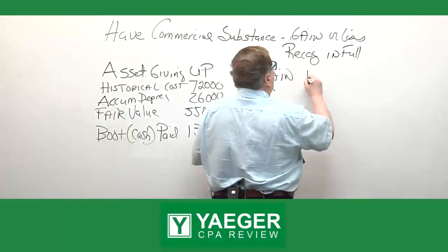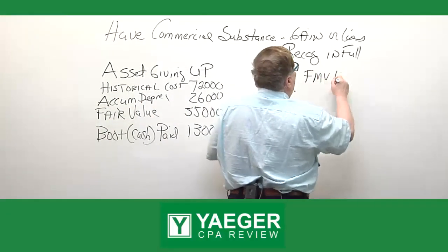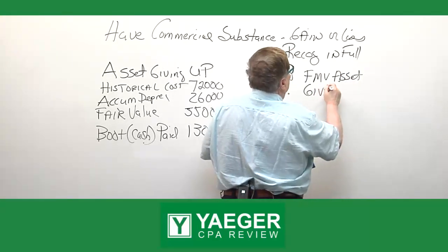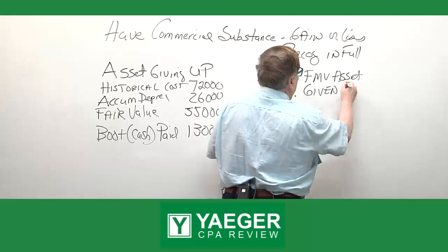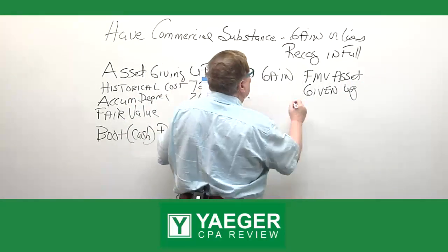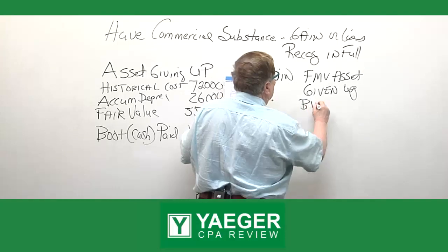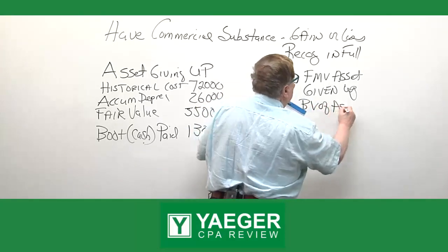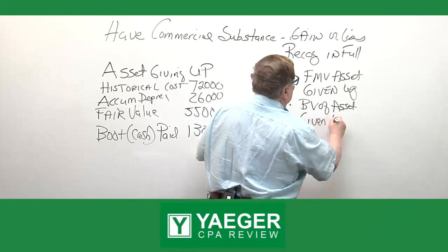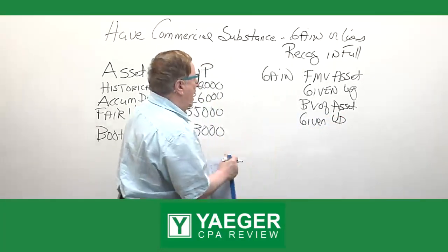We take the fair market value of the asset given up, and we compare it to the book value of the asset given up. Now let's see what we have here.